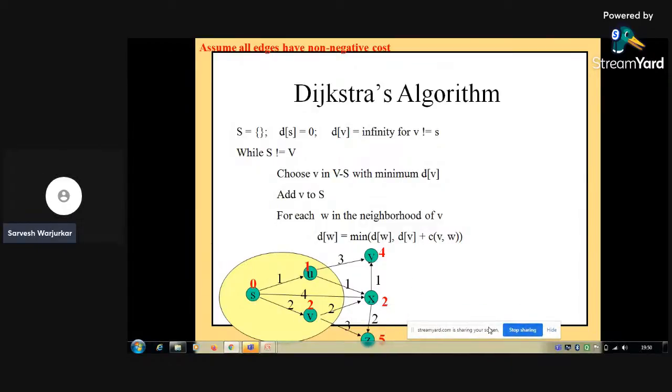And if we use the third different path, S to V, V to X, and X to V again, in that case it may be 2 plus 2 plus 1, again 5.